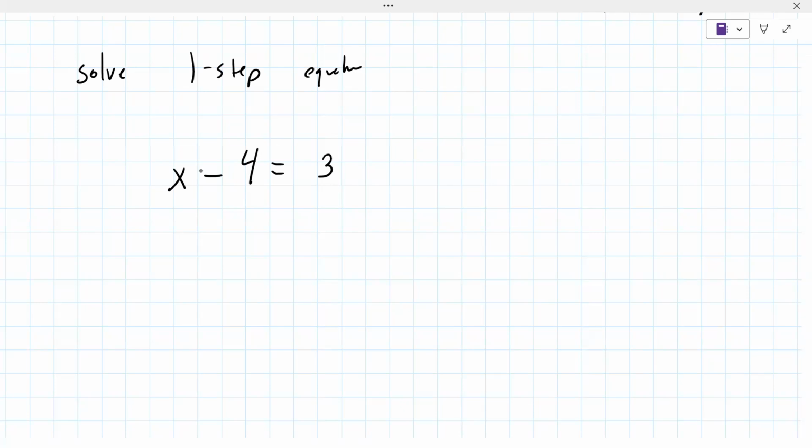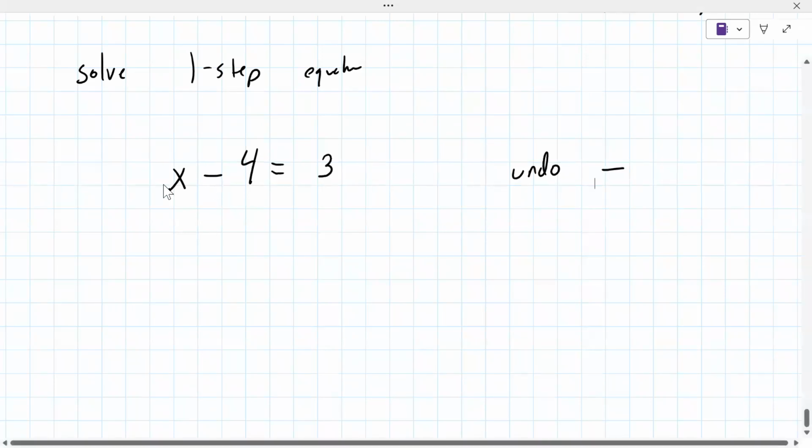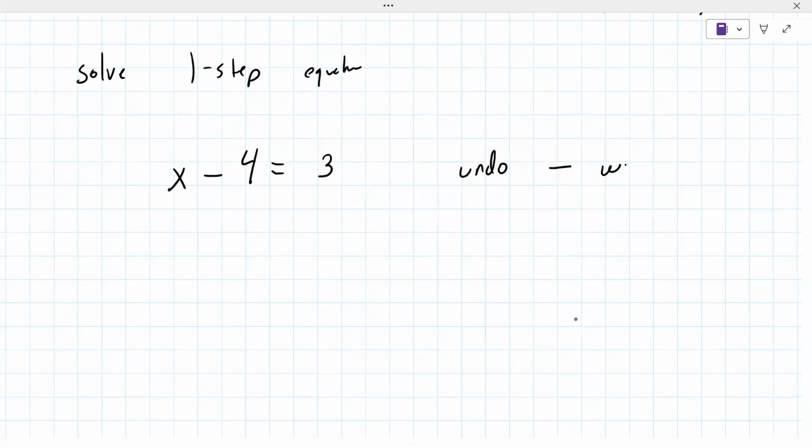So do you know how to undo subtraction? Because that's what you have here. You have a variable minus 4, you're subtracting 4. Do you know how to undo subtraction? It's okay if you don't. I'm just asking so that I know how much to say or not say. No, I don't.